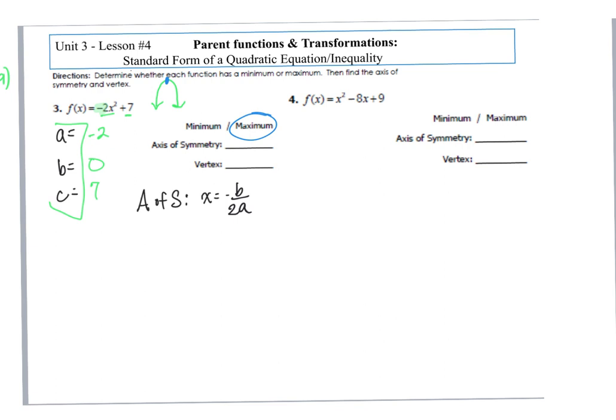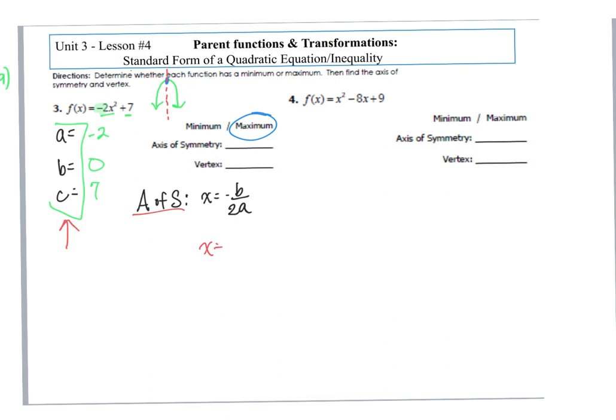Now I need to find the axis of symmetry. What is the equation of this line that cuts my parabola into 2 equal parts? The axis of symmetry is found by saying x is equal to negative b, or the opposite of b, divided by 2 times a. I'm going to use the values we labeled already for a, b, and c.